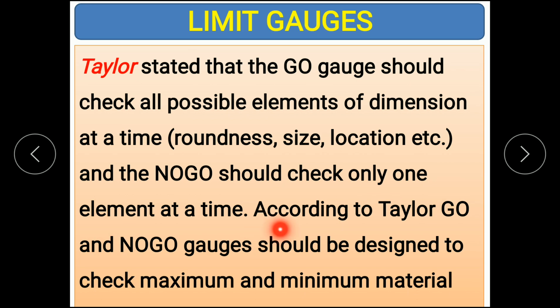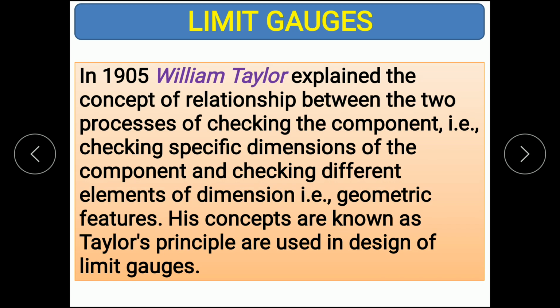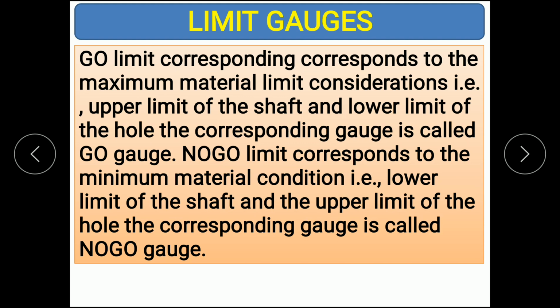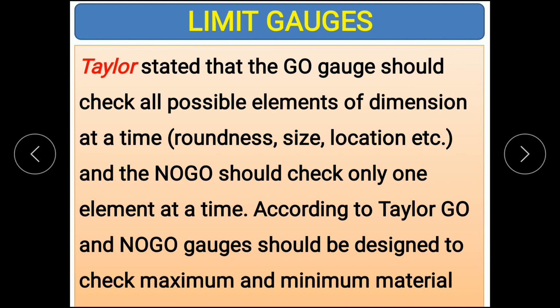According to Taylor, go and no go gauges should be designed to check the maximum and minimum materials. देखो go gauge means, I will come back again to this Taylor's principle after we see the gauges.